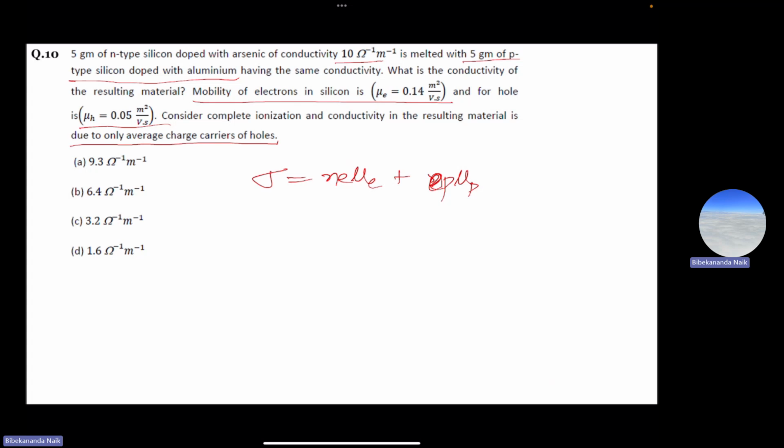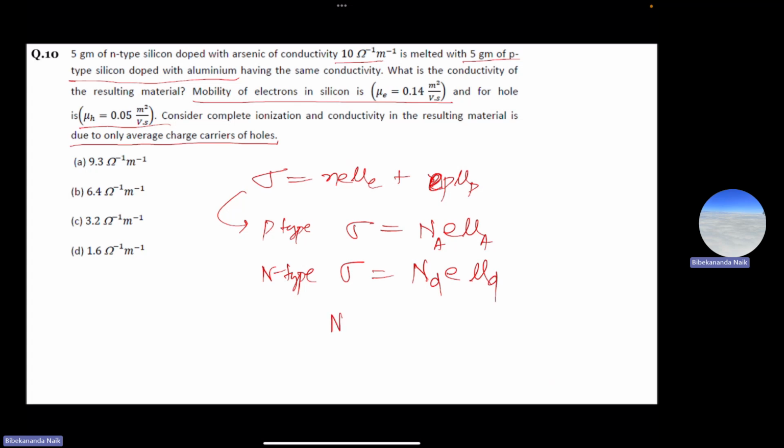But for extrinsic semiconductors, for p type, this will be Na e mu a, and for n type it will be Nd e mu d, where Nd is the donor density and mu d is the donor mobility.